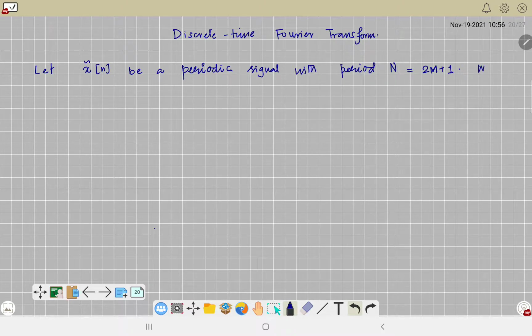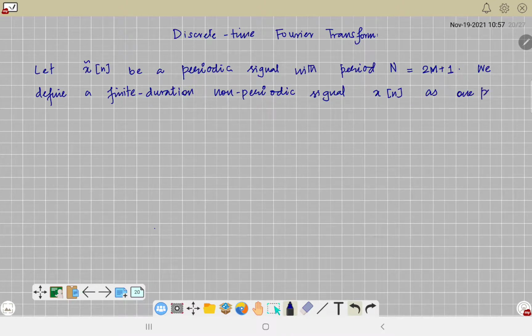And from this periodic signal, we define a finite duration non-periodic signal. Call that x of n. And it will actually be one period of x tilde n.